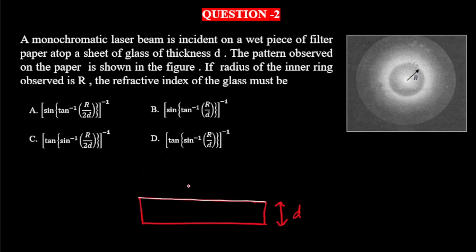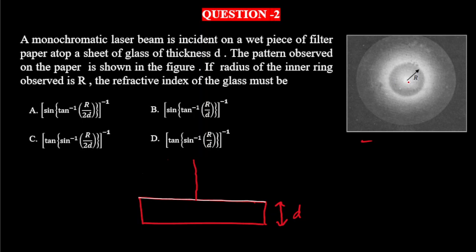And after that, a laser is incident on the top of the glass plate. And when the laser is incident on the top of the glass plate, this pattern is observed on the paper.